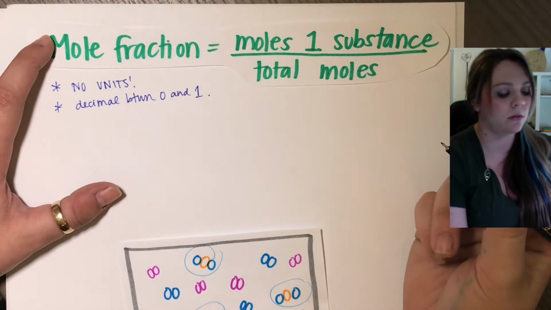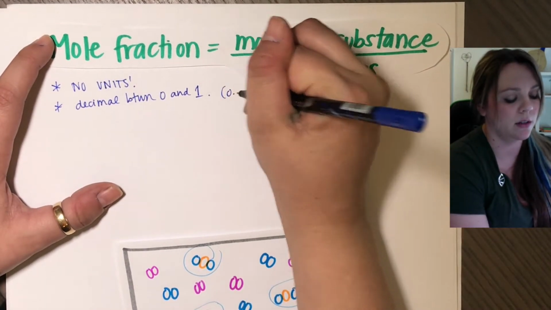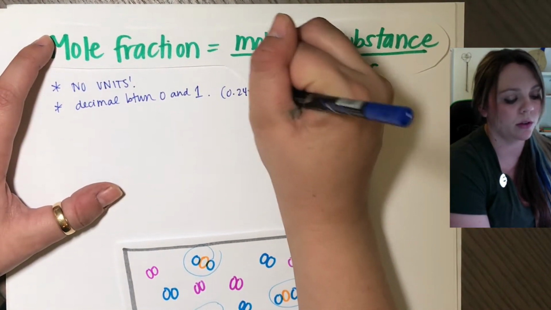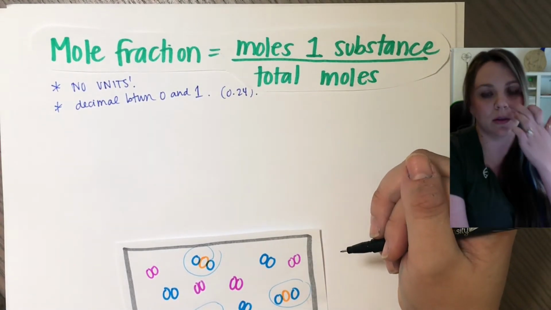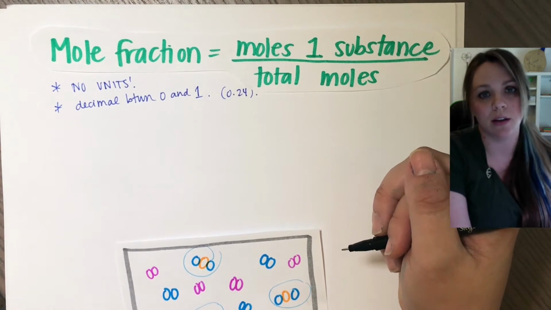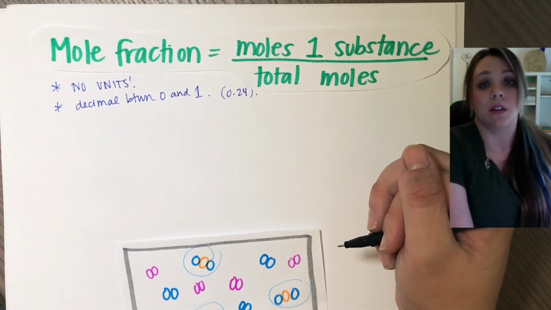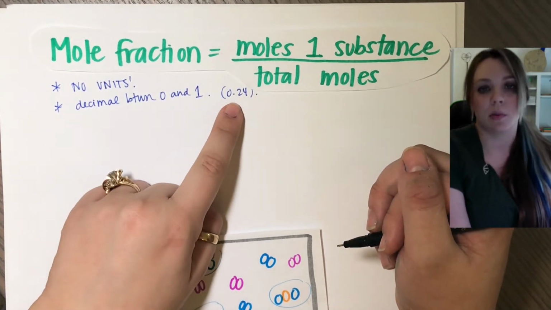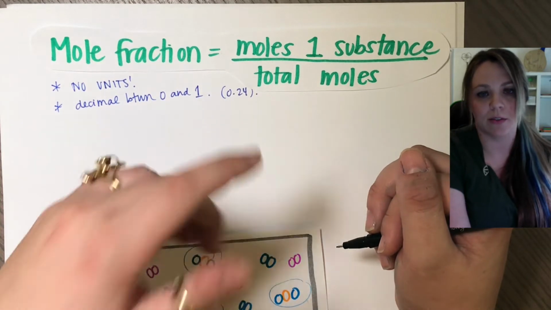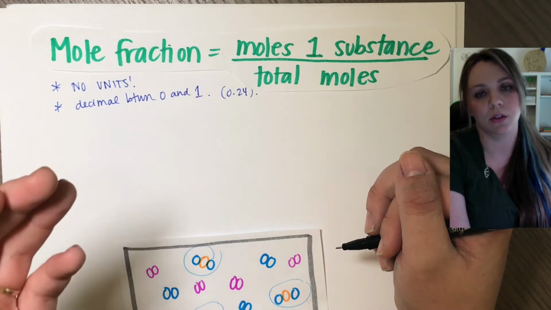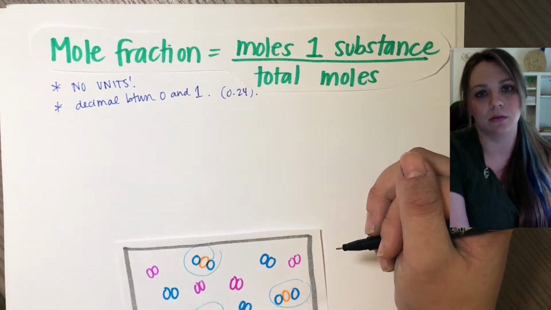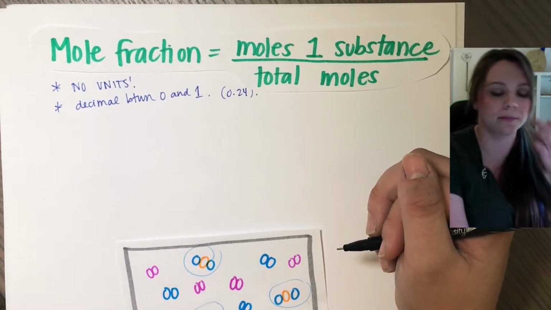For example, you're going to get 0.24 or something. And a good way to double check if you solved the problem correctly, you should be able to add up all of your mole fractions. If you add them all up for every substance in your solution, you should get exactly 1.0, right? You have one whole solution.